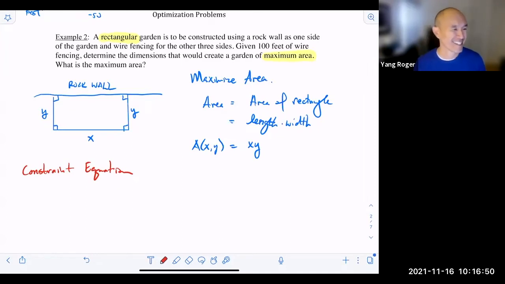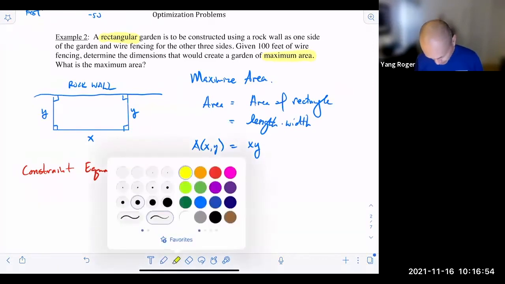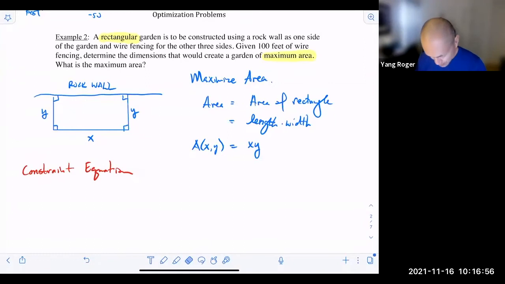So I'm going to highlight in red. When they say given 100 feet of wire, they're telling me how much wire I have to use. That's going to be how I get my constraint equation. So my constraint equation is the sum of the three sides, which is x plus 2y. And that total amount of fencing has to equal 100.